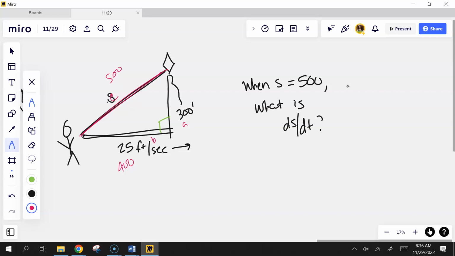The problem told me that you want to know how fast she must let out the string when the kite is 500 feet away. So we don't know if the 500 feet away is this way or the 500 feet is away from the base. I say it's this way. What do you say, Alex?